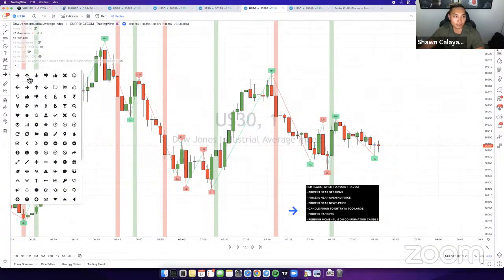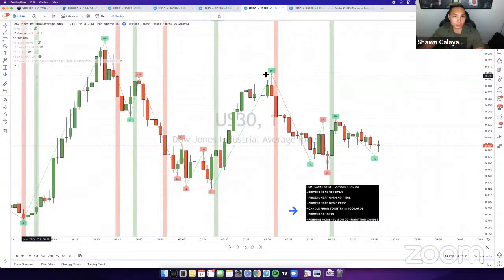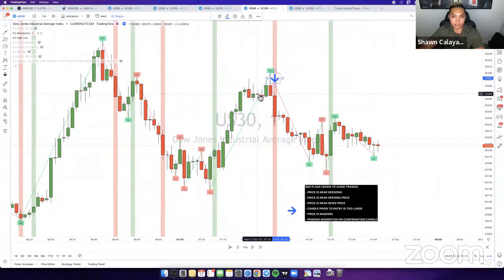I don't know for sure because we can't go back in time, but I'm pretty sure there was a possible pending momentum right here. And then as price continued to move along, it just kept dragging further and further until it finally closed right here. So I'm sure there was a sell signal here, disappeared, sell signal there, disappeared, sell signal there, disappeared, and then it finally closed right over here.